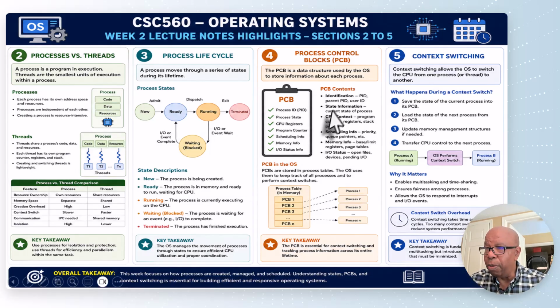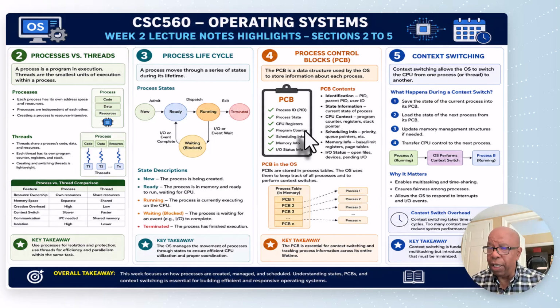The process control block is a data structure used by the operating system to store information about each process. Such things as process ID, process state, the registers for the CPU, the program counter, the scheduling info, memory info, IO.